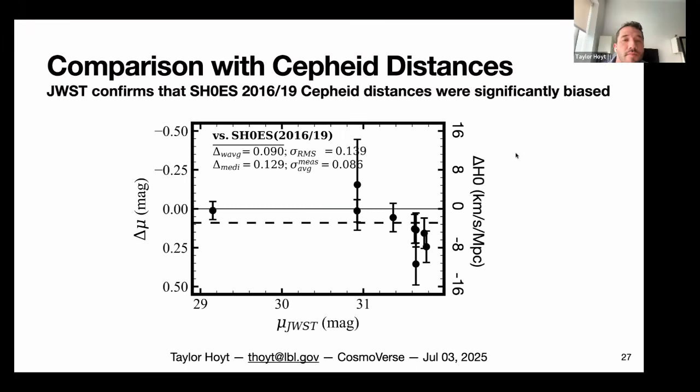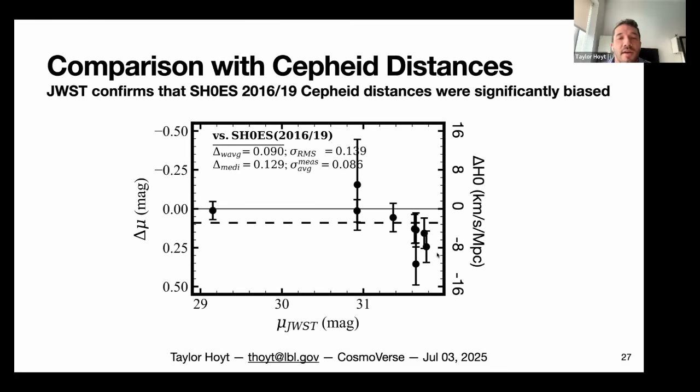Let's see, I want to breeze through here, but essentially, as I showed, there were some changes from the 2016 to 2022 SH0ES analysis. None of this is new, but essentially JWST confirmed what had been shown in Freedman 2019, that the earlier SH0ES distance measurements were significantly biased, and there's a distance-dependent bias within that, which you can see here, increasing with distance.